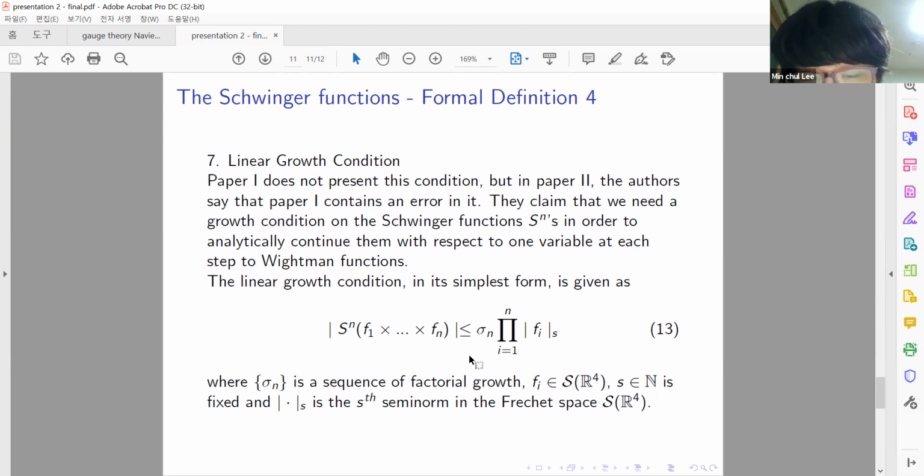That is, it can be Wick rotated, or it can be extended with respect to the time variable to analytic functions, and then go to the solution of the Schrodinger equations.